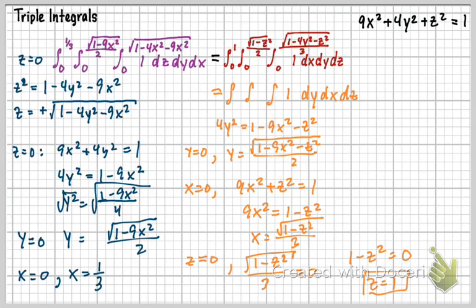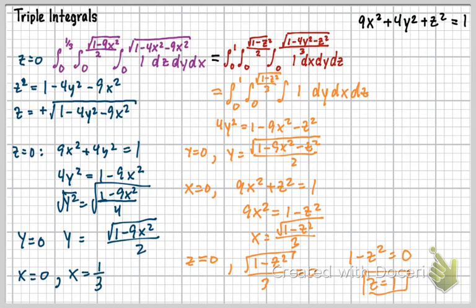So now I can just put my bounds in. 0 to 1 was my z. My x was 0 to this guy right here, which is the square root of 1 minus z squared, and that would be over 3.